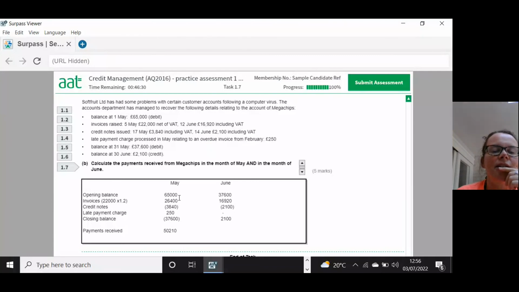I just looked at the suggested answers and realised that I've put that round the wrong way. So balance at the 31st of May, 37,600 debit. It's a bit confusing. I thought that meant that the balance was a debit, but I need a calculator.